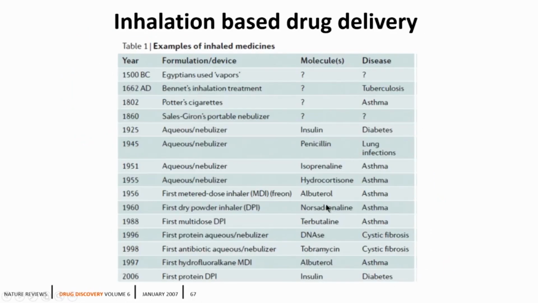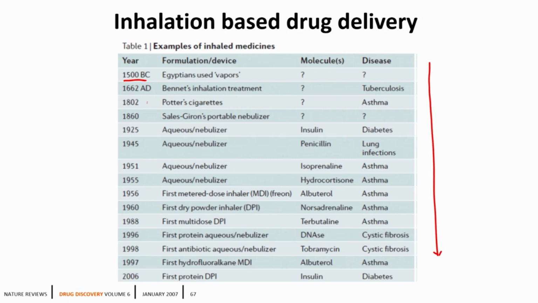Okay. So, we will stop there for the skin based methods. We will now switch gears and go to inhalation based drug delivery. Inhalation based drug delivery is not new. It has been used for quite a bit of time, in fact all the way back to 1500 BC, where some of the Egyptians were using vapors to deliver drugs, and obviously this progress has increased in the last few years.